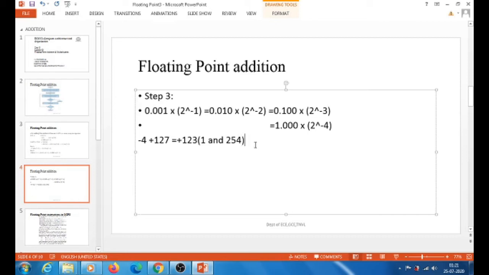Now step 4 according to our algorithm. If you have any doubt, just refer to the algorithm. I am doing it directly. Round the sum. Okay, so step 4 is we need to round the sum. What is the sum we got in step 3? It is 1.000 into 2 raised minus 4.